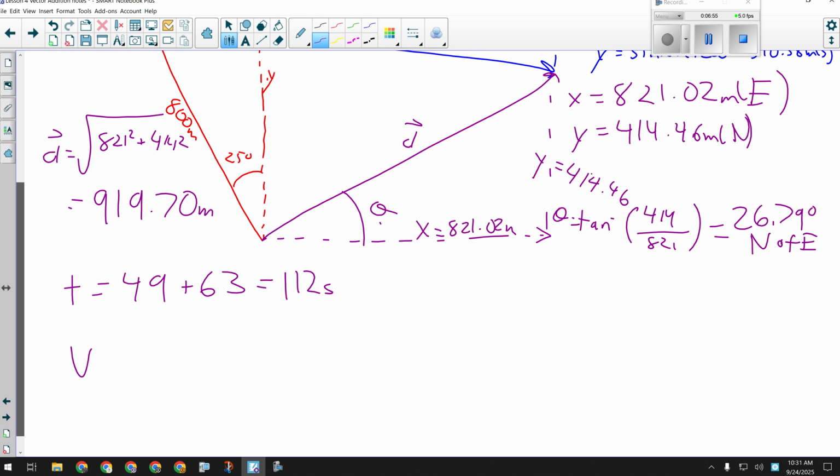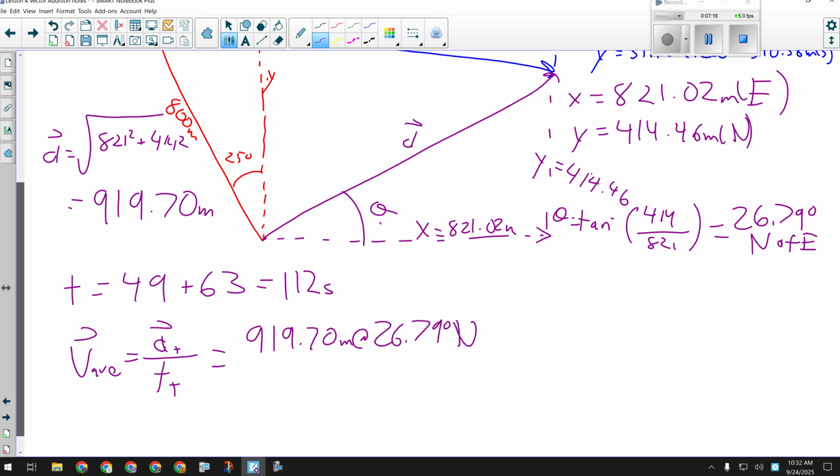Okay, average velocity equals total displacement, which I have, and now I also have the total time. Punching in those numbers, we've got 919.70 meters at 26.79 degrees north of east, divided by 112 seconds.